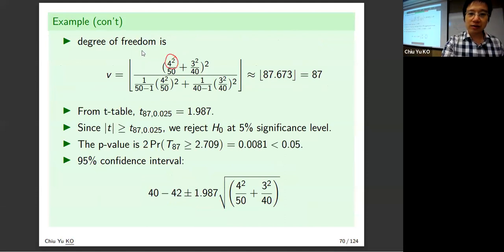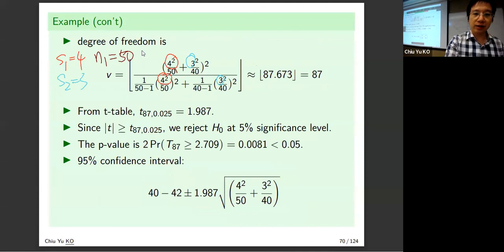This is S1, because S1 is 4. Let me go one by one. S2 is 3, so that's how you get this one. And N1 is 50, so that's how you get this number there.